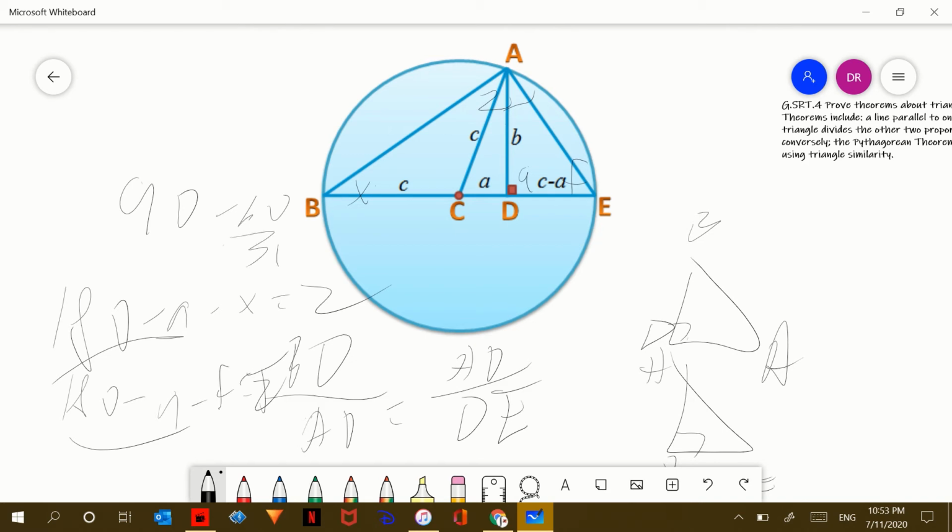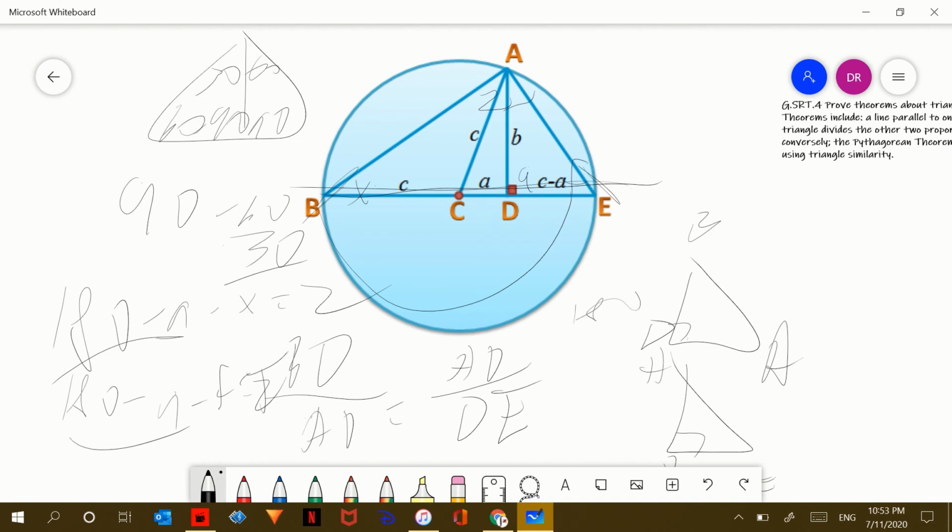Since this is 60 and this is 30, we know that this is 90. This has to be 90 because you can see that this is right on the diameter, so it would have to be half of this arc, and 180 divided by 2 is 90.